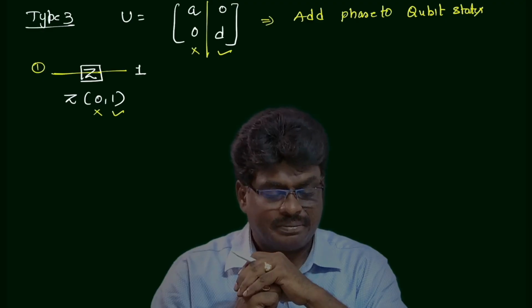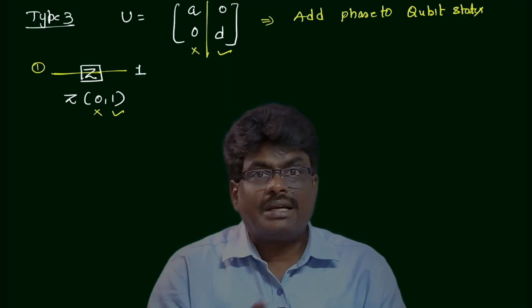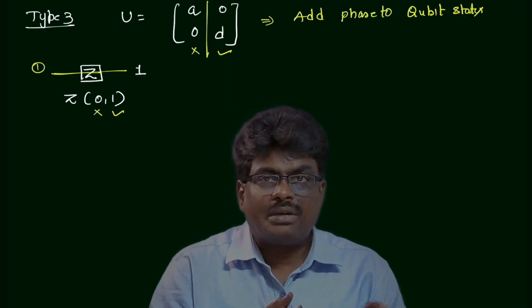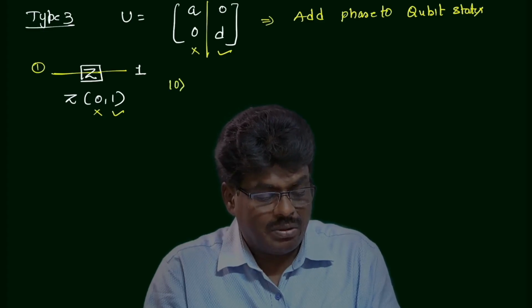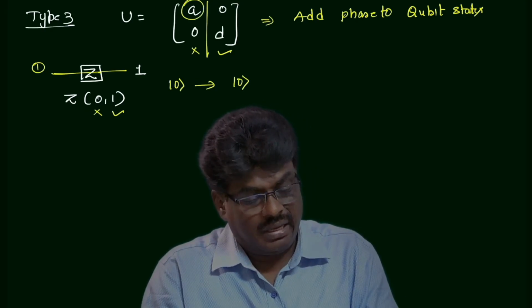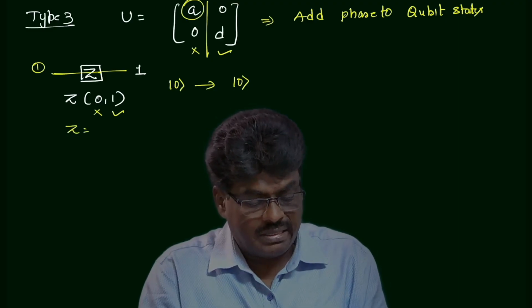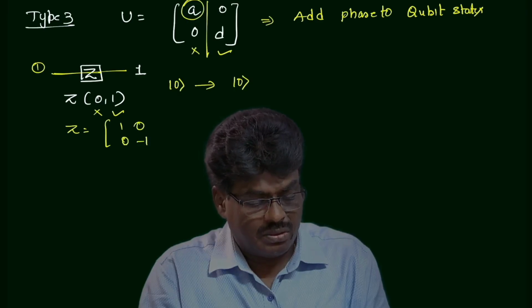Now it will just add a phase to the qubit state, it won't flip any qubit. That means 0 becomes 0 with the phase. Here we have Z, which is nothing but 1 0 0 minus 1.